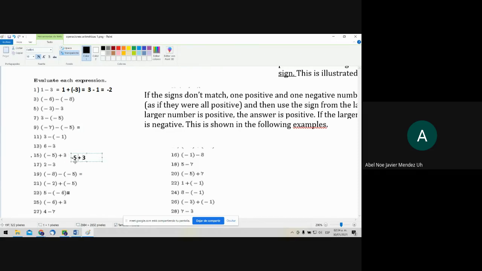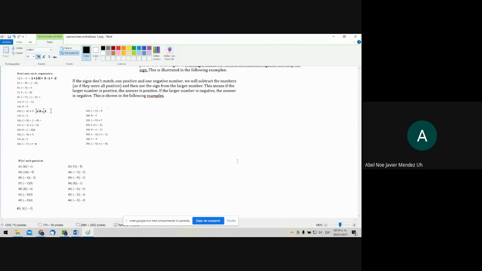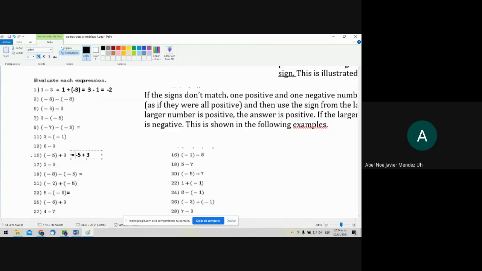We have here an addition, but the signs don't match. If the signs don't match, subtract the numbers. Okay, the bigger number minus the little number, and keep the sign of the bigger number.